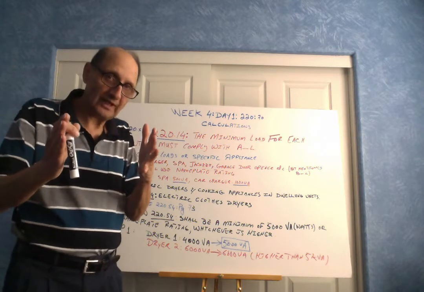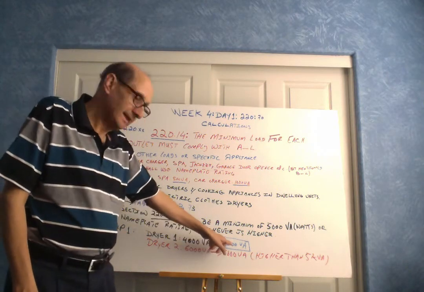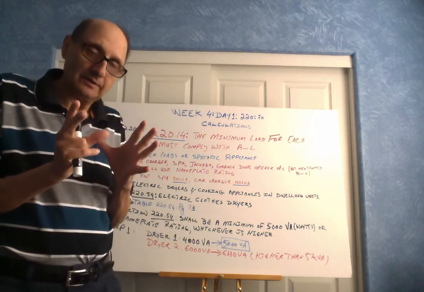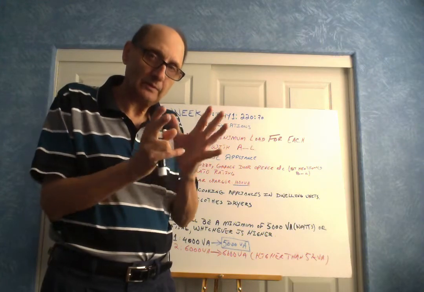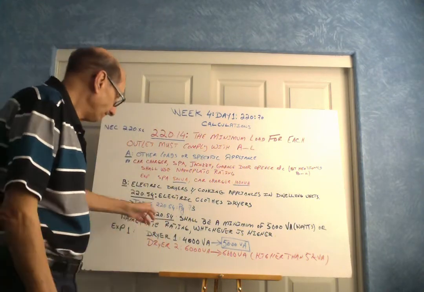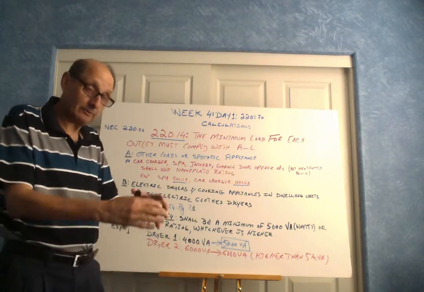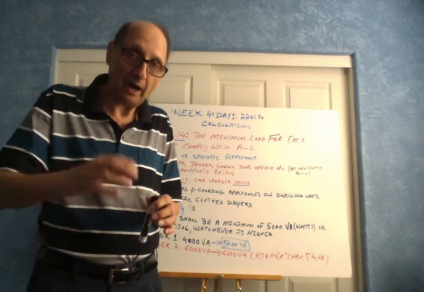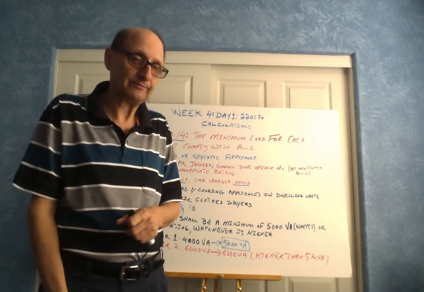So the minimum value is 5,000. It doesn't matter how big or small the value is, but when it comes to minimum, in other words, let me repeat again. It doesn't matter how small the value is, not big.